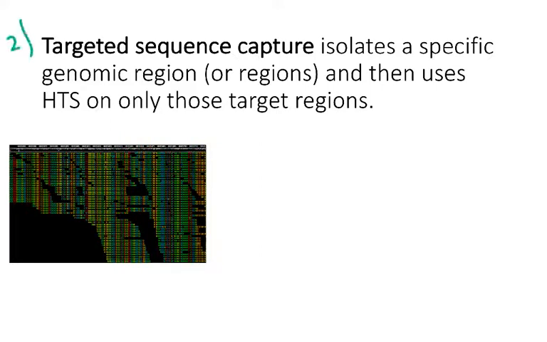The second type, targeted sequence capture, the difference there is that you're isolating a very specific region of the genome, or a few regions, and then using high throughput sequencing to only sequence those target regions.